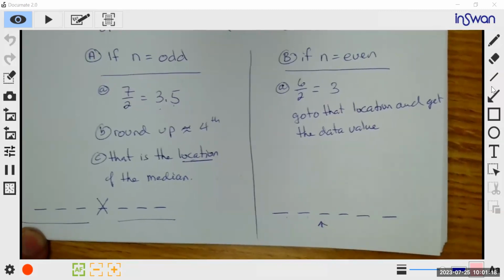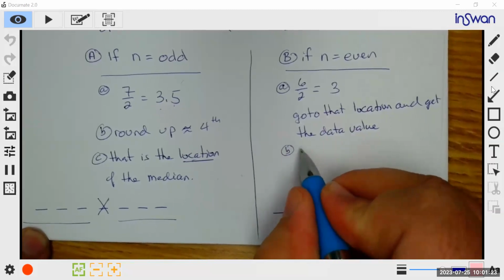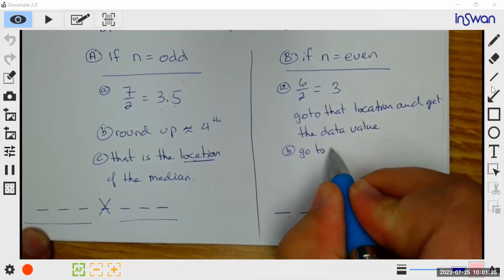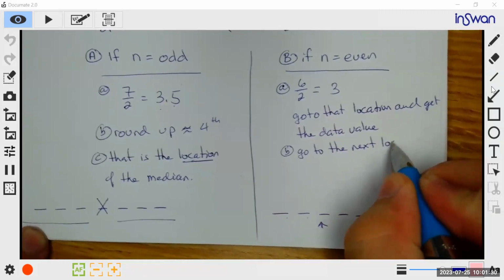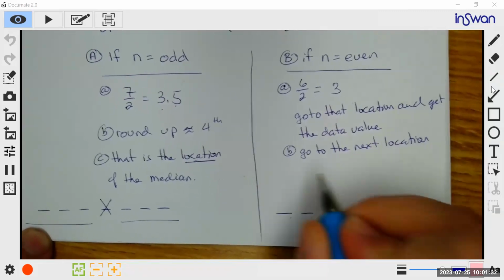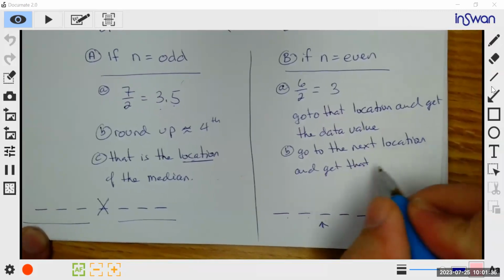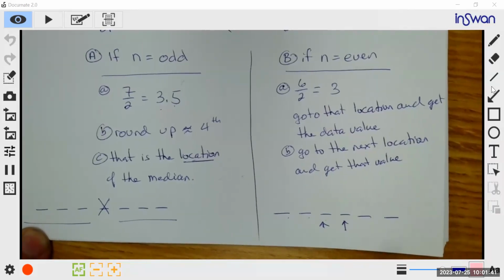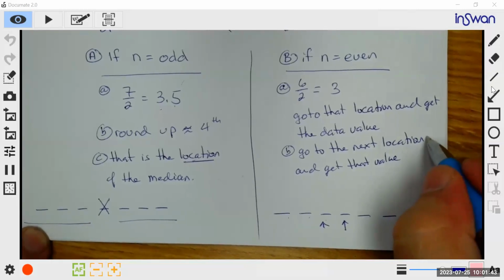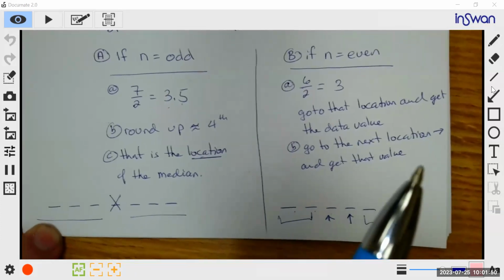So I go to the 3rd location, get the data value. Go to the next location and get that value to the right. The next location to the right. Yes. Because if you look at it, we have two numbers here and two numbers here now.